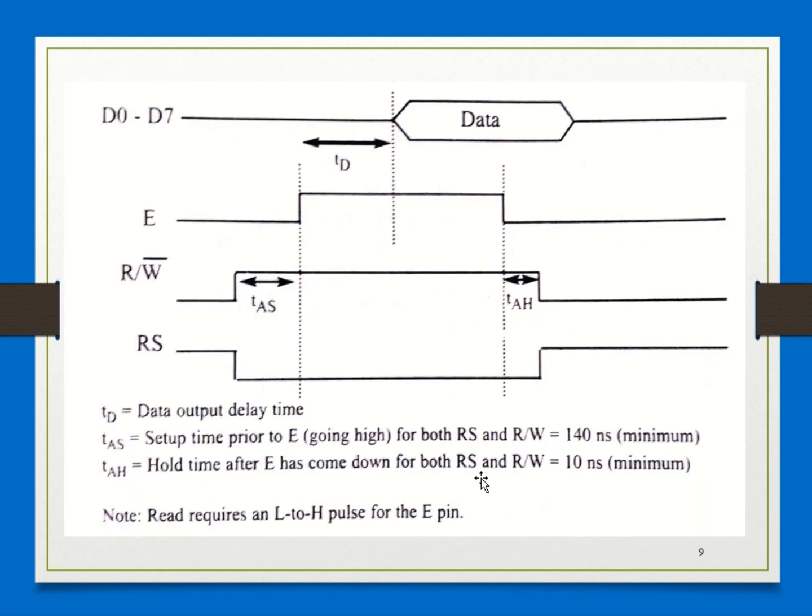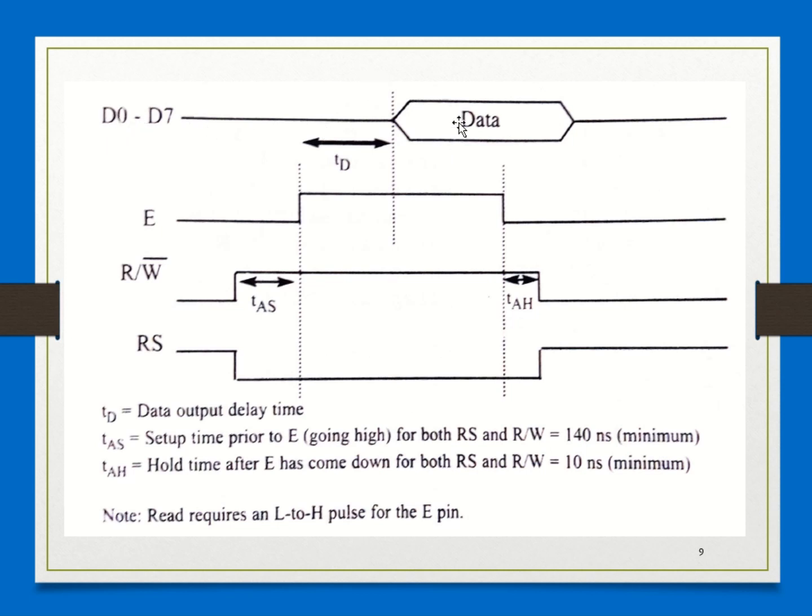This is a timing diagram showing how the different pins and the data will be accessed. This is the process for the read operation, when you are reading from the LCD. As I mentioned earlier, if you want to know the status of the LCD, then you read from D0 to D7.